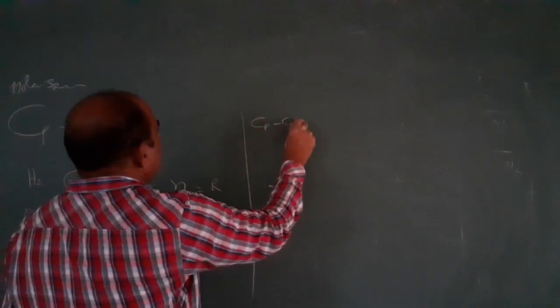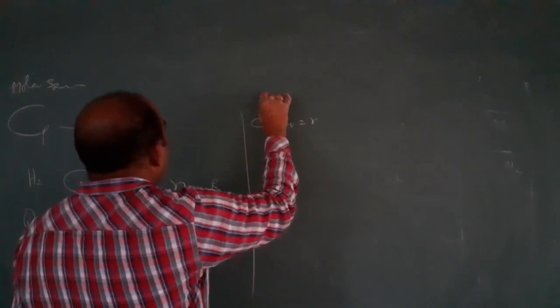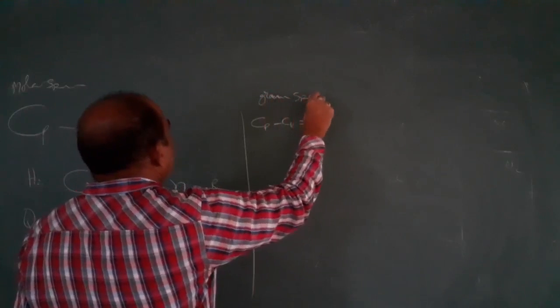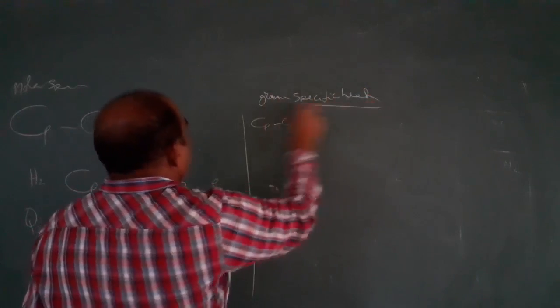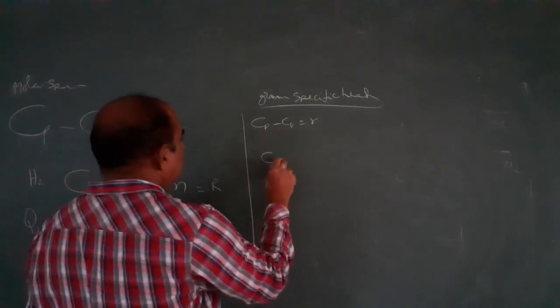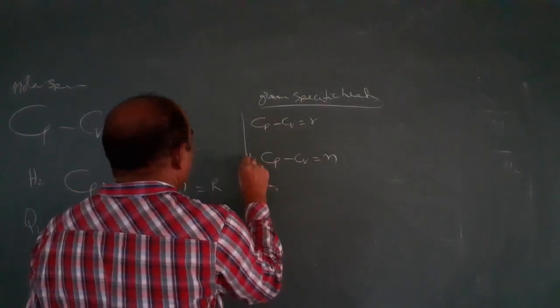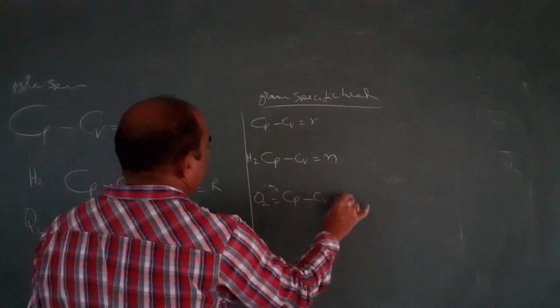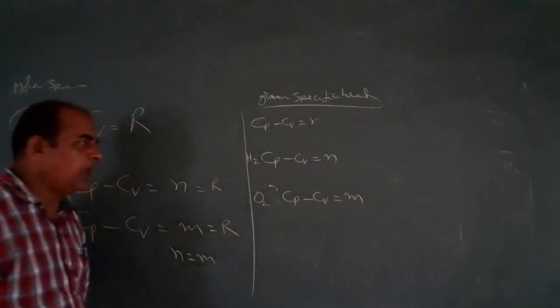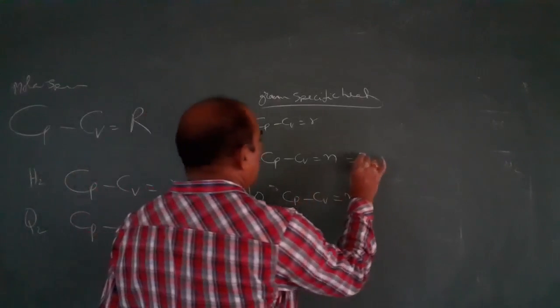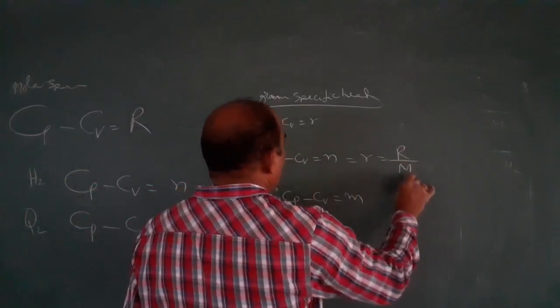If Cp minus Cv is equal to small r, these are the gram specific heats. Then they say Cp minus Cv is equal to N for hydrogen. For oxygen, Cp minus Cv is equal to M. What is the relation between M and N? So Cp minus Cv is equal to small r. Small r is nothing but capital R by molecular weight.